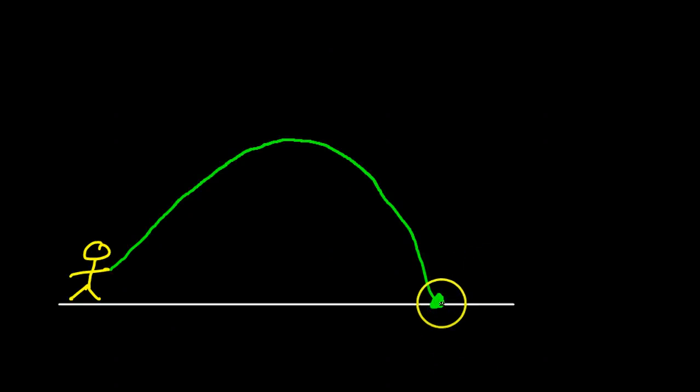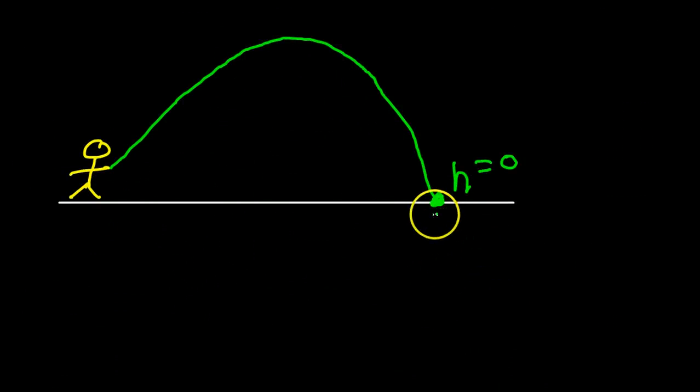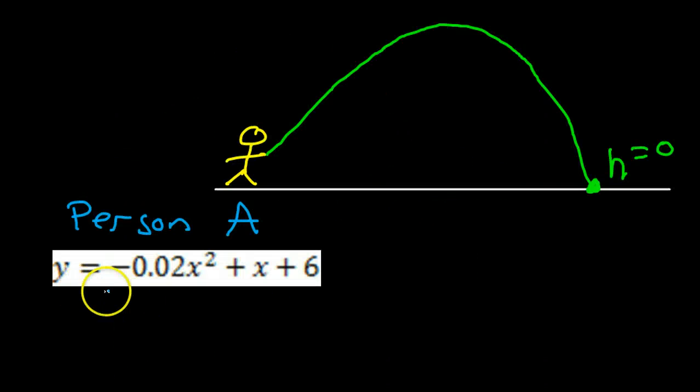The one thing we know about this position right here is that the height is 0 once it finally hits the ground. So if I want to calculate how far this is, I'm going to put in 0 for the height because at the end of the throw, it's on the ground. So the equation for person A is this.